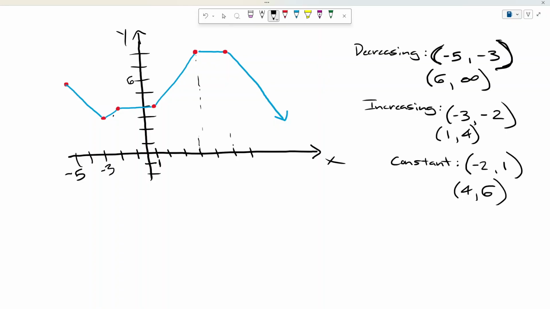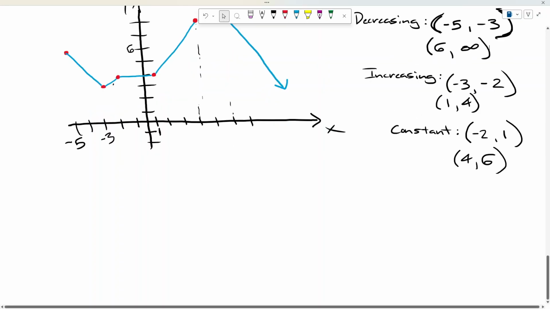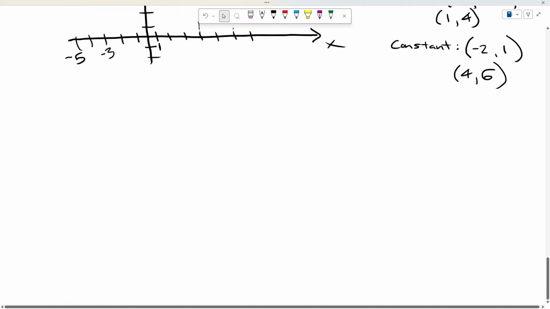So next, let's build off of this concept of increasing and decreasing on a graph. Because we know how to determine where it is increasing, decreasing, or constant.